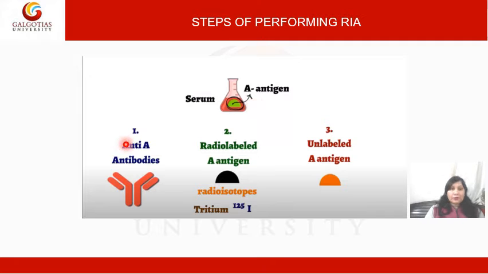One is monoclonal A antibodies that can bind with A antigen to form precipitin band. The second is the radio labeled A antigen, labeled with an isotopic element like tritium or iodine 125. And the third is unlabeled A antigen. So now we have four things, and we are ready to perform this radioimmunoassay.